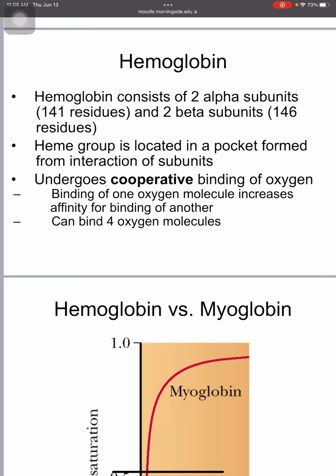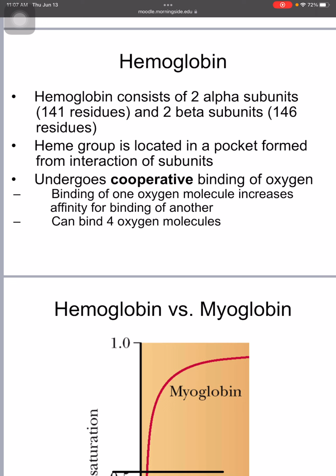This is one of those that has allosteric effects, all right? One molecule of hemoglobin can actually bind up to 4 different oxygen molecules at once, right? And it undergoes what we call cooperative binding. So, cooperative binding is when something binds, and that makes it more likely for something else to bind, right?